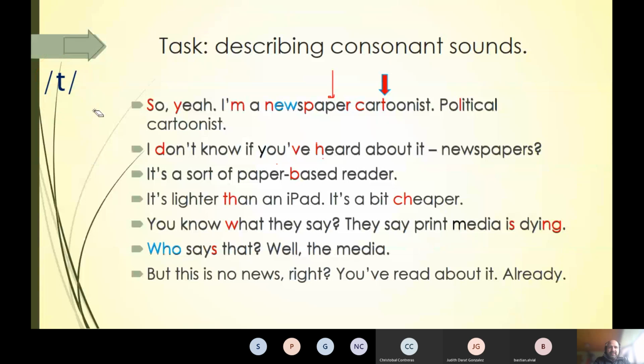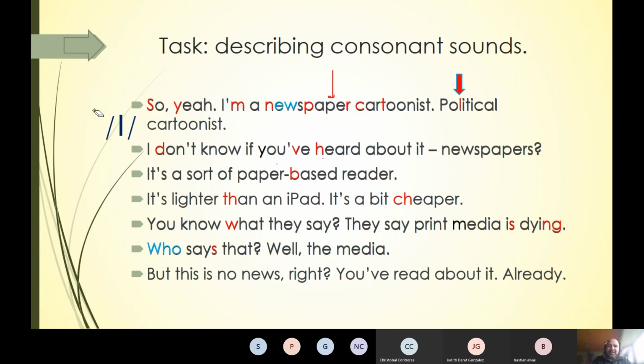The following is l. What do you think? What's its place of articulation? Alveolar. Alveolar, perfect. And is it a voiced or a voiceless consonant sound? Voiced. Voiced, perfect.